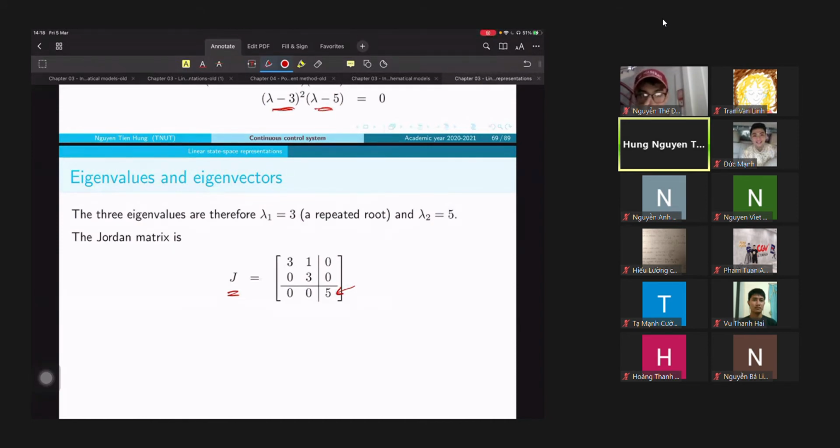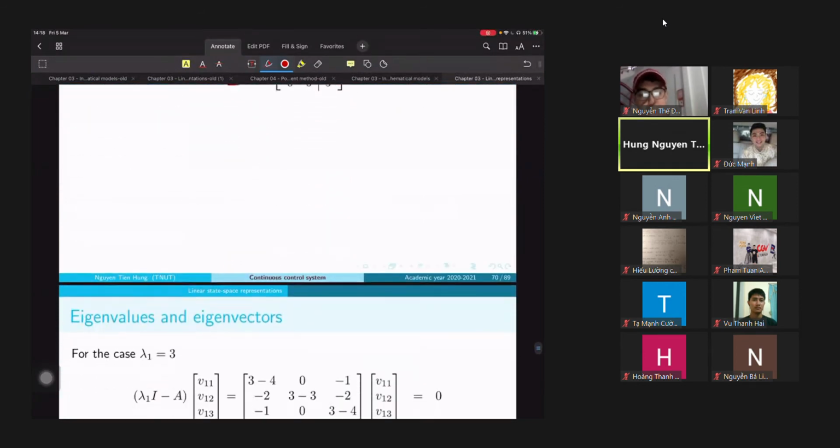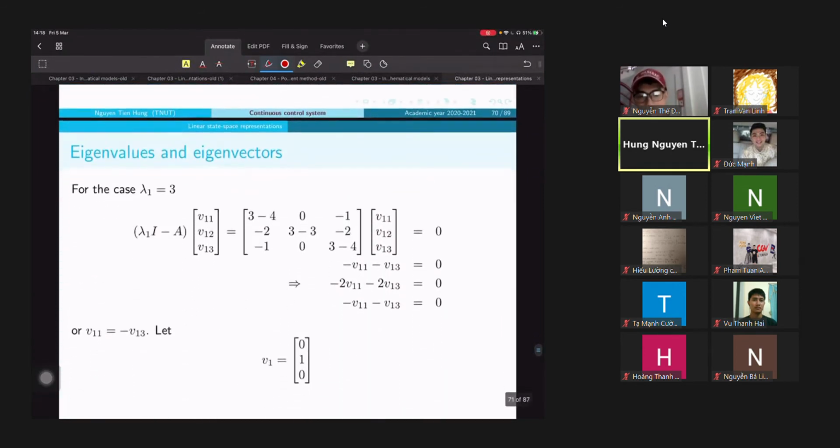You can find the eigenvector for this. If you apply it in the first case for lambda 1 equals 3, you can find this. We assume that the vector v1 is like this, so you can construct all of this.